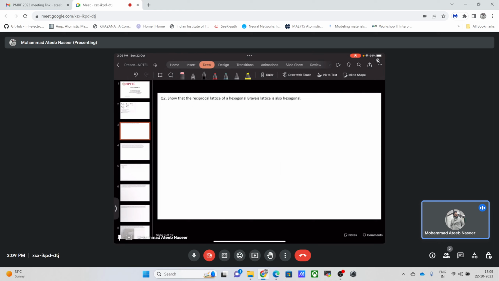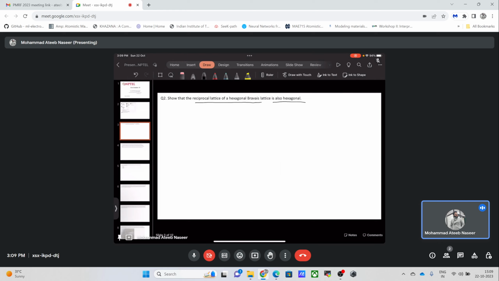We had not gone into the depth of hexagonal lattices. So what we will be doing here is proving the problem statement that the reciprocal lattice of a hexagonal Bravais lattice is also hexagonal. First of all, what does this hexagonal lattice look like?